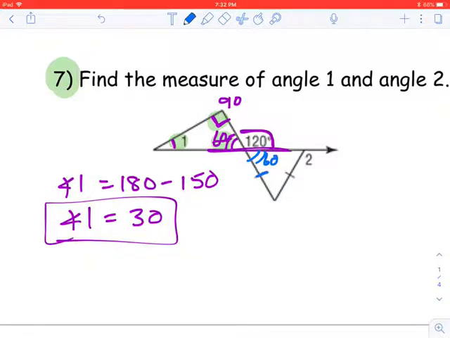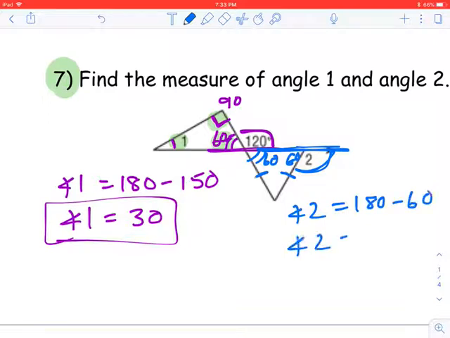Remember, opposite angles are congruent. And so what I have here is 60, and that's a linear pair again. So 60 and angle 2 add up to 180. So angle 2 is going to be 180 minus 60, which is 120. And there we are.